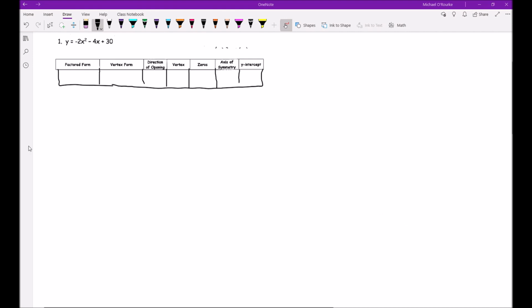So let's work with that. I'm going to highlight this. Right now we have y equals negative 2x squared minus 4x plus 30. Now, I always hate having an a in front, so let's move it out. That'll give me this.